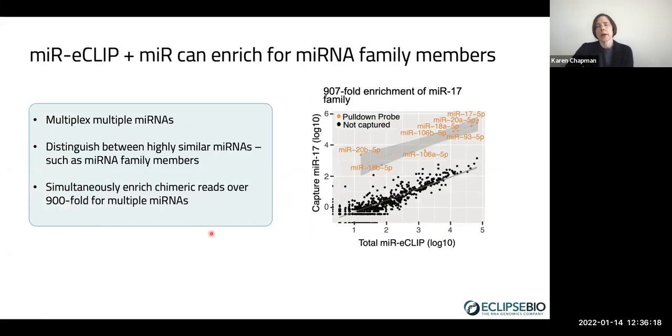The interesting part about this is that we can multiplex different microRNAs, or we can look at relatively similar microRNAs by enriching for an entire family of microRNAs. Essentially this allows a level of depth in the library that's generated to very deeply profile a particular microRNA. And what that means is that you identify more mRNA targets for that microRNA of interest.